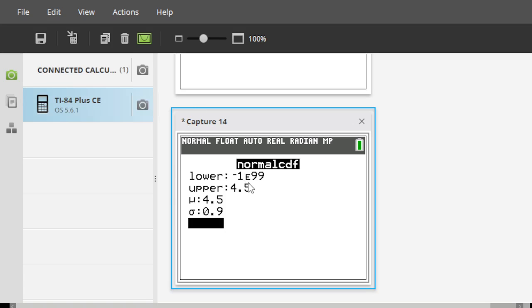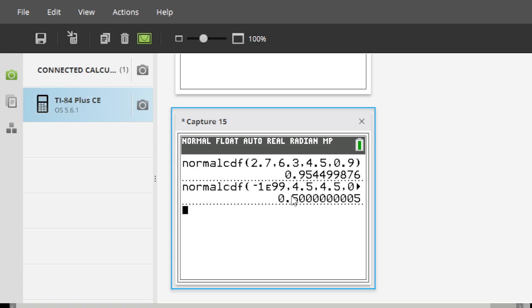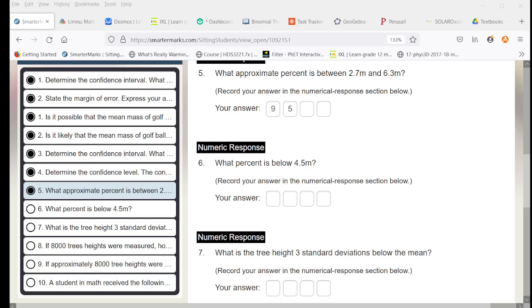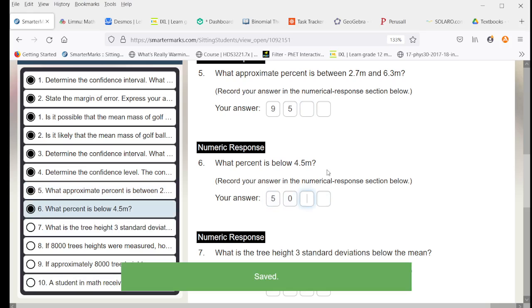We enter the upper limit as the highest number we want, and the lower limit as the smallest number the calculator can handle, and it comes out at 50%, which makes sense because we're being asked what percentage of them are less than the mean. We want it to be 50%.